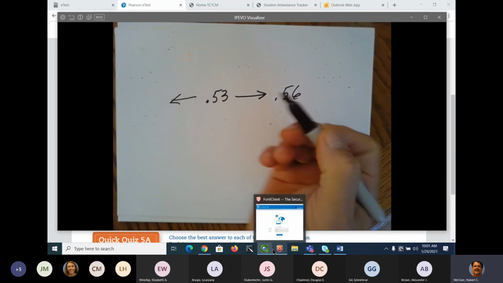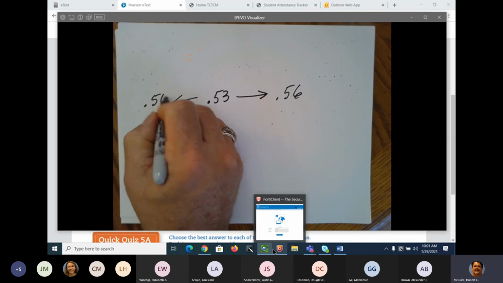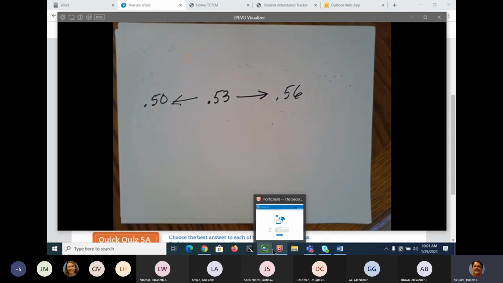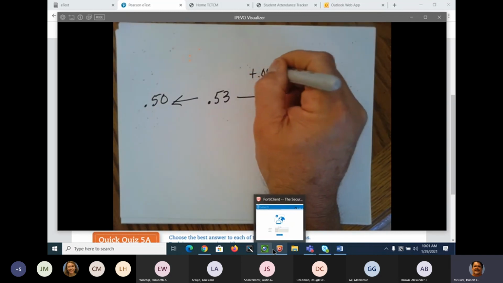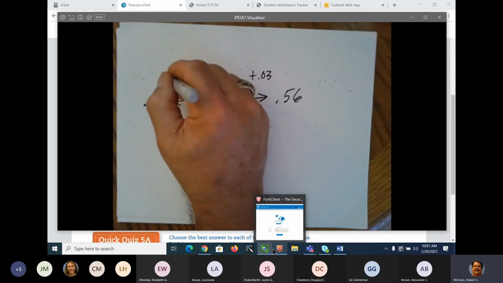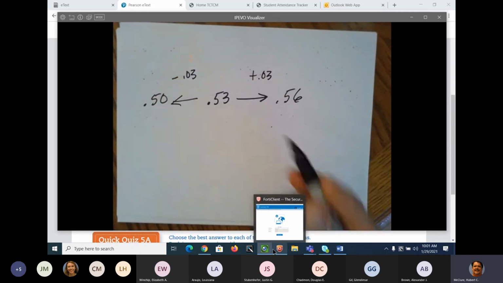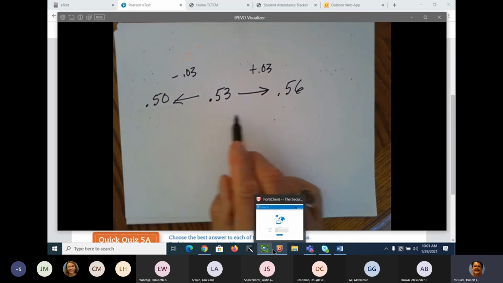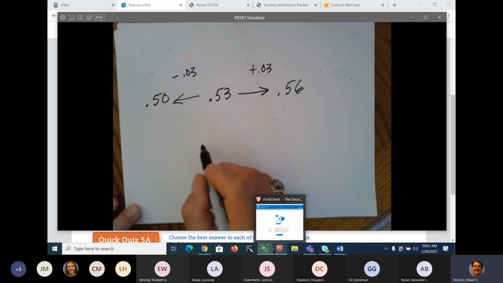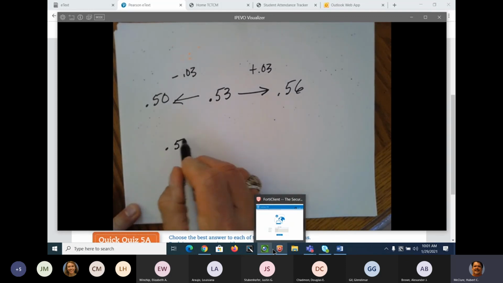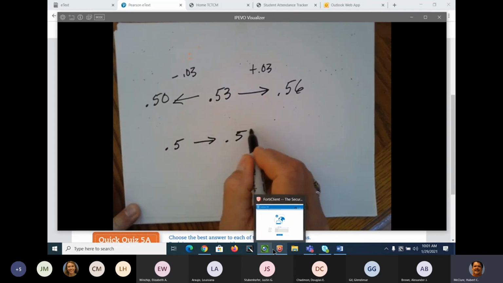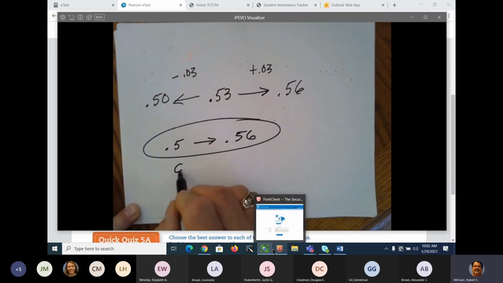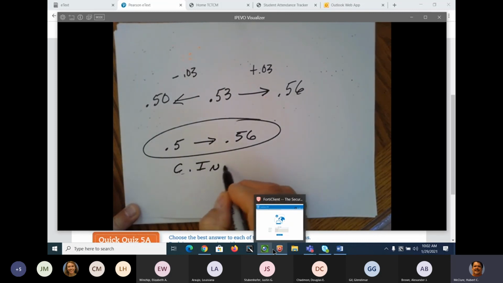And 3 to the left would be 0.49. Because you add 0.03 this way and you subtract 0.03 this way. That's called a confidence interval.